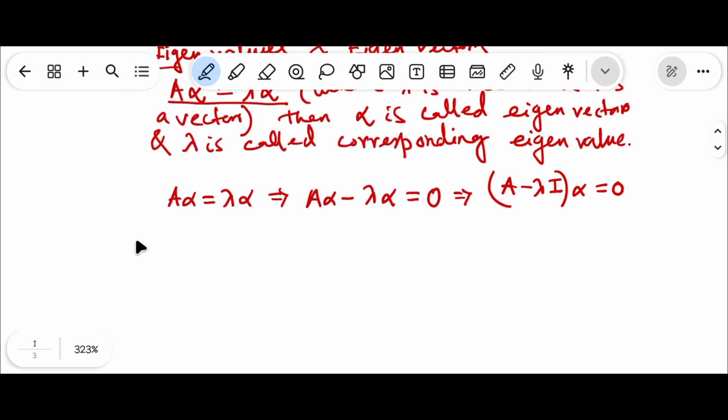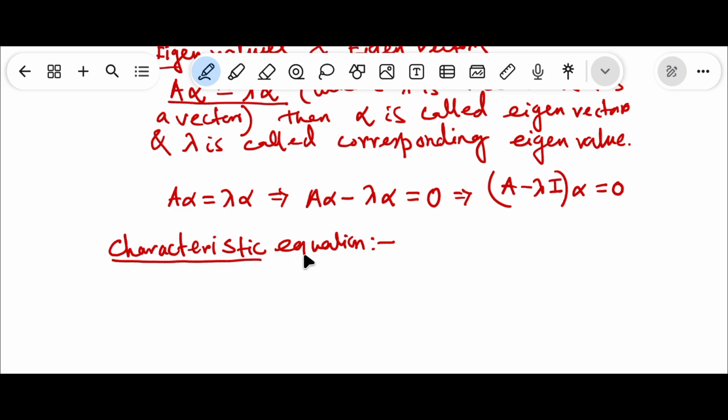From here we get our characteristic equation, which is determinant of A minus lambda I equals 0.